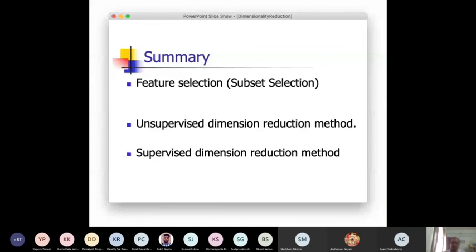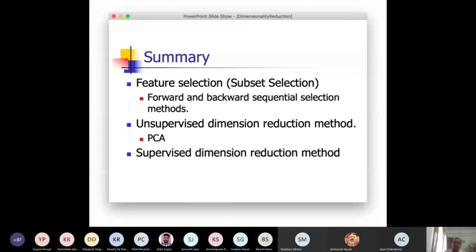That is one approach, the unsupervised dimension reduction method we have considered. The last one we discussed was with respect to class information. So forward and backward sequential selection methods in feature selection. The second one we considered was principal component analysis, and the third one is linear discriminant analysis.